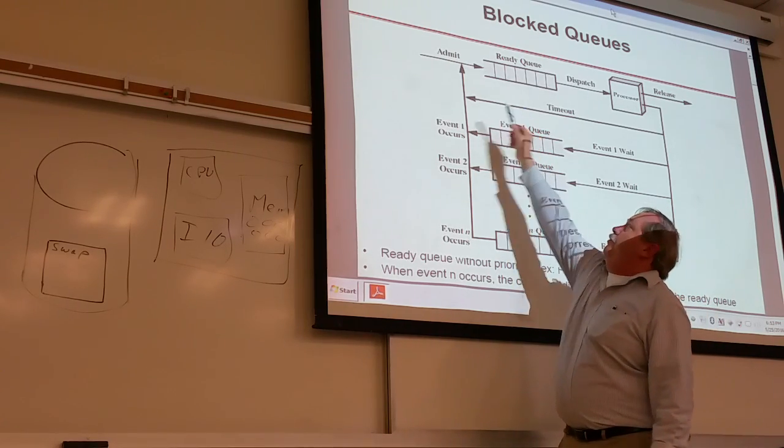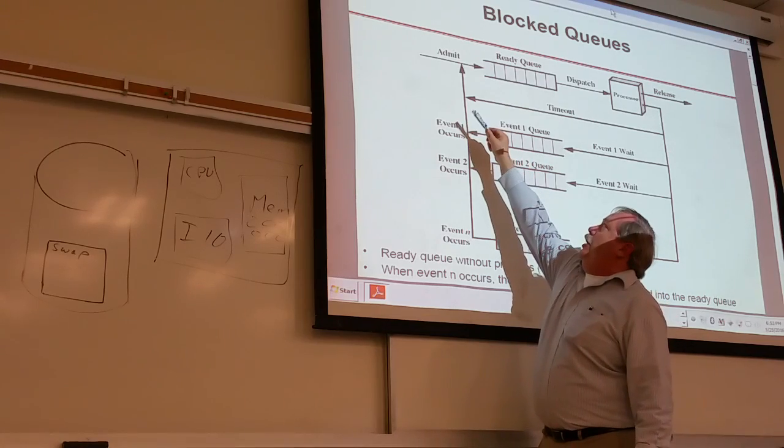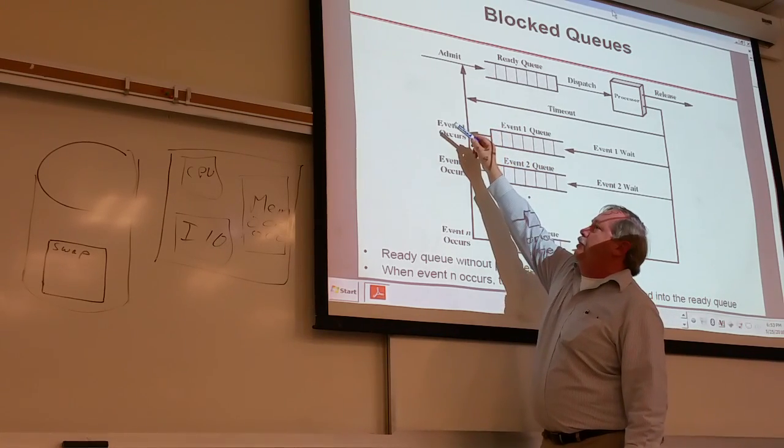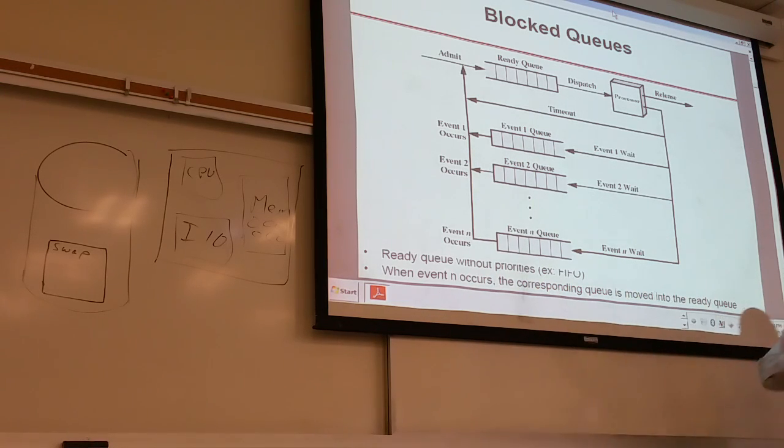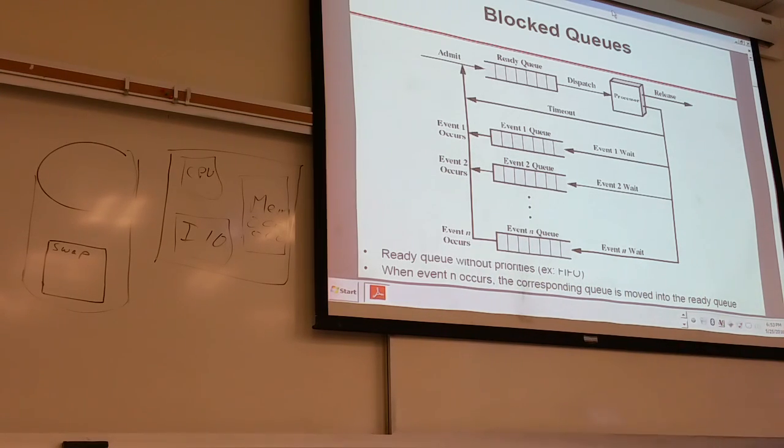Go grab it from the block, from whichever state, blocked memory or blocked swap, and put it into the ready queue, and then the next one can be dispatched and off it goes. That way the data that came in, sitting in a buffer somewhere with your process ID identified to it, and your process is now back in the ready queue, so it can run again and use that data.